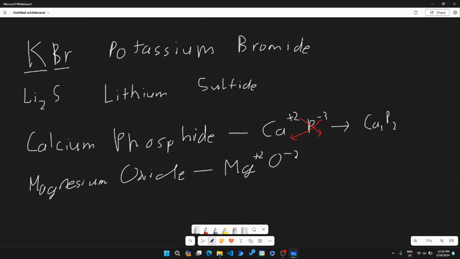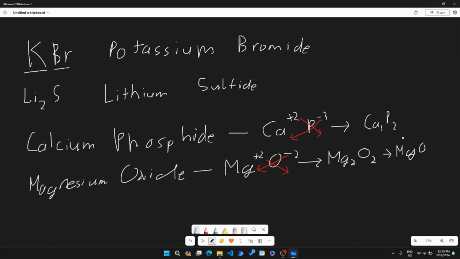Oxygen forms a -2. So if we move this here, and we move this here, then we're going to get Mg2O2. But with an ionic compound, we want to simplify this. So it's like in math, you can factor out the 2, and they will both cancel, and you will get MgO.